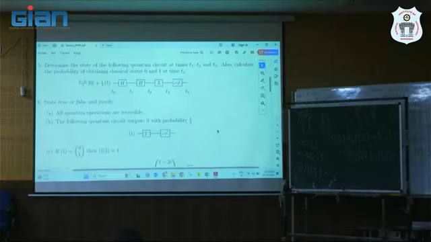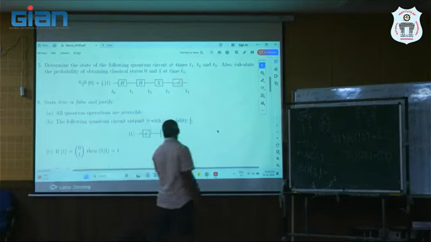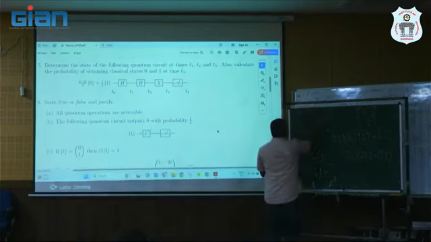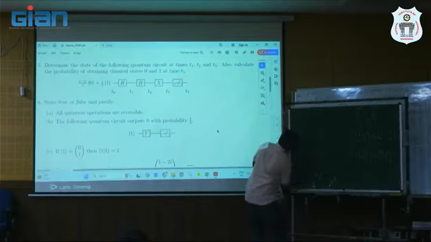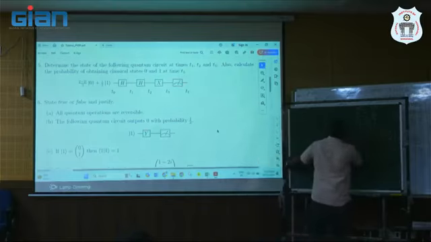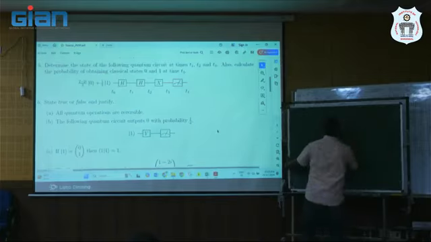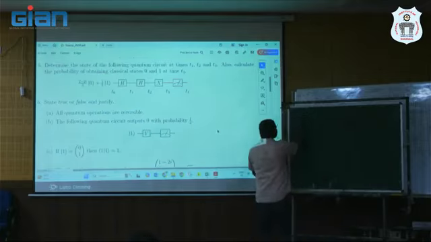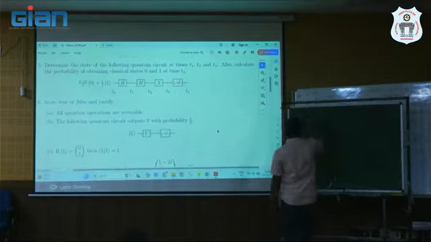Okay. What about B? The following quantum circuit outputs 0 with probability of something. What is the matrix corresponding to I? 0 minus i, i 0. Then what do we need to do? Multiply with ket 1, which is 0 1.